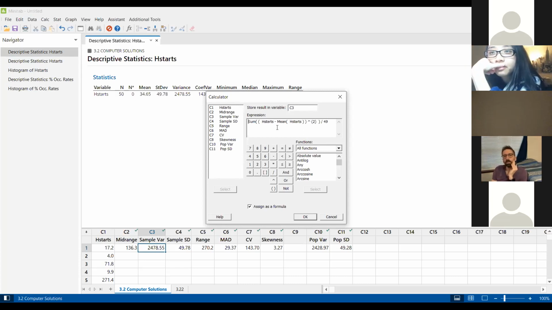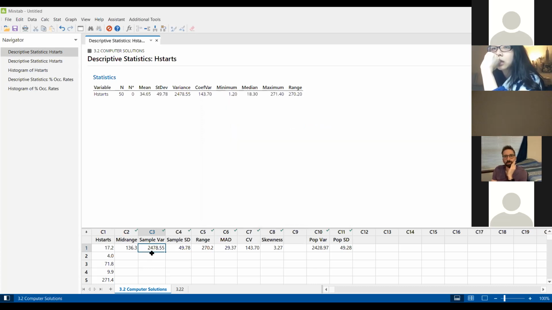Now remember, there's 50 numbers in the data set. So I did a sum, and I took the housing starts, the individual values, and subtracted the mean of them and squared it, by doing this caret 2. And then divided the sum of those square deviations by 49, which is 50 minus 1. And I ended up with a match to what they showed as the variance here.